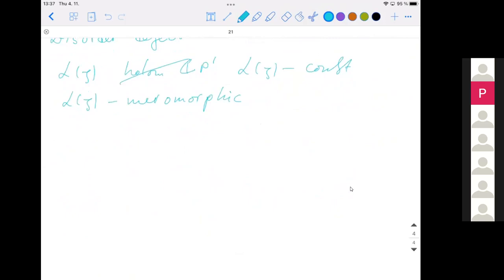The bulk term was this, and with the H transformation it's still the same.